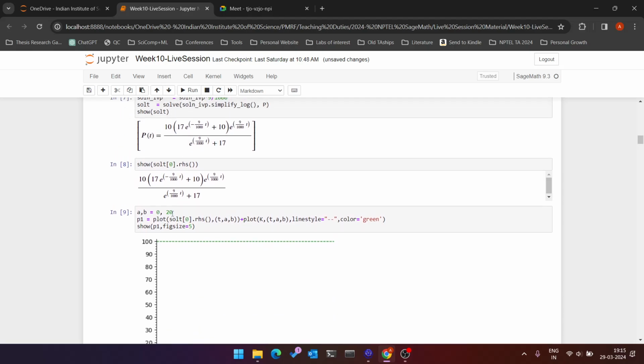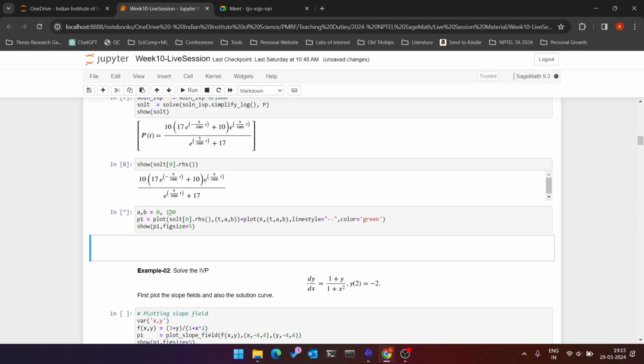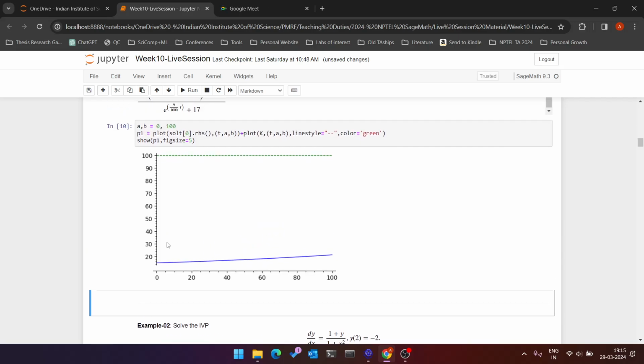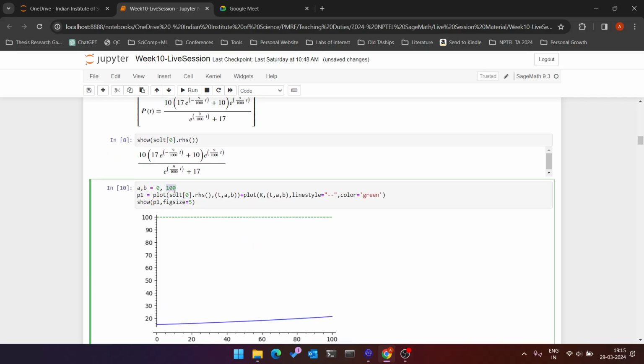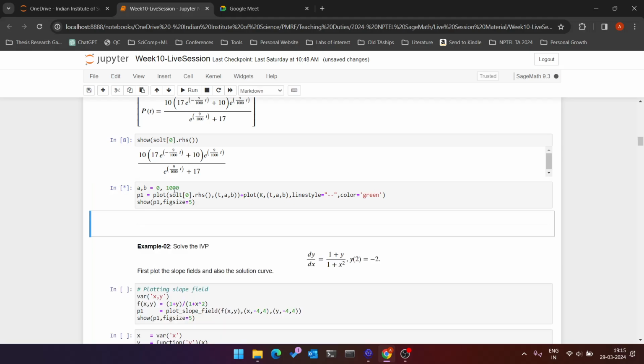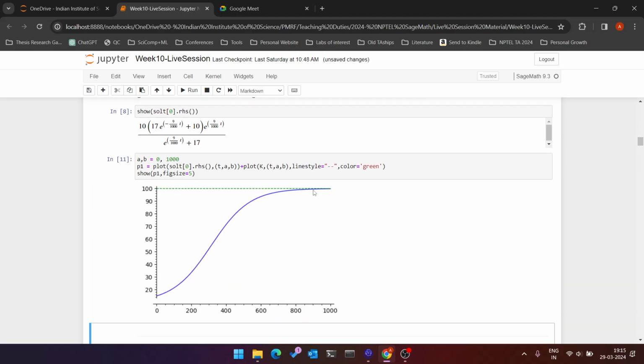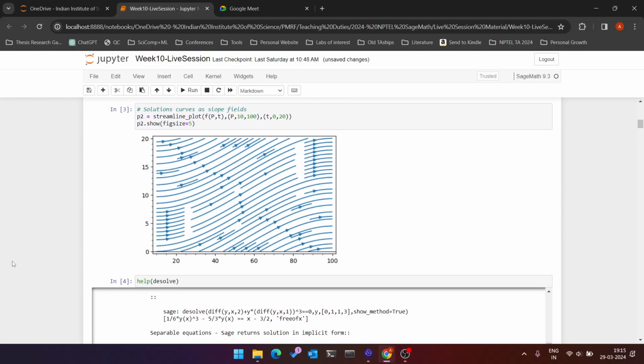Okay, there's not much change here, but if I plot it for, say, slowly increasing, if I increase it one order more, it should saturate, right? So it starts off very slowly, then increases, and then eventually saturates.